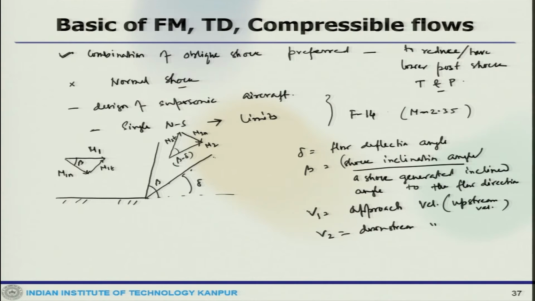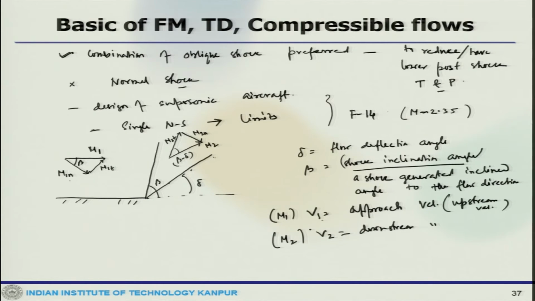Obviously, V1 is associated with Mach number 1, this is Mach number 2, and there will be an angle beta minus delta with respect to the shock. The inlet and exit velocities can be decomposed into the normal component and the tangential component, where similarly we can have the velocity.